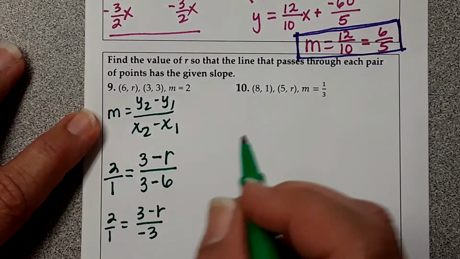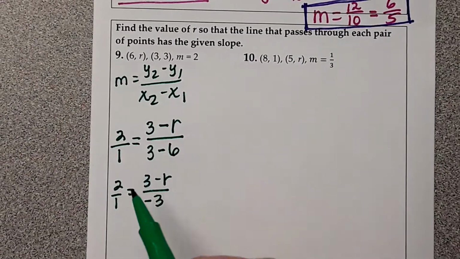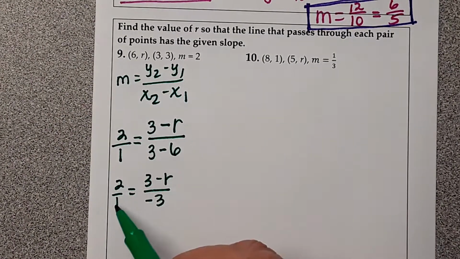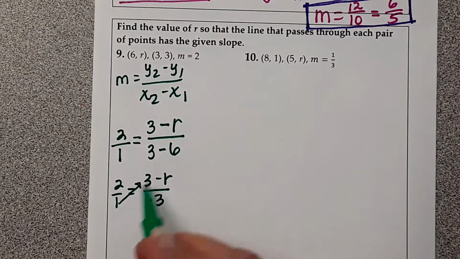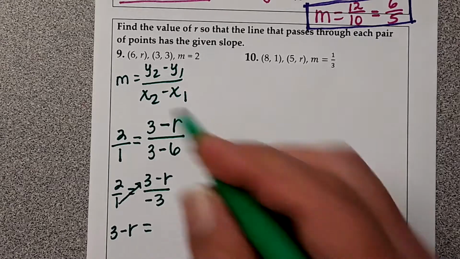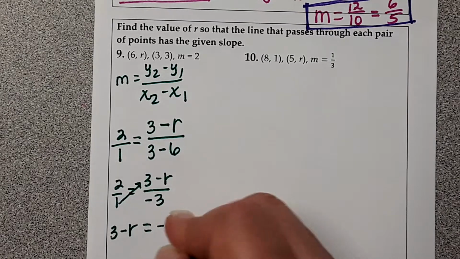Now we're going to cross multiply. We can cross multiply because there's an equal sign. So I'm going to do 1 times 3, so I'm going to go this way. 1 times 3 is 3. 1 times negative r is negative r. Now I'm going to go this way. 2 times negative 3 is negative 6.